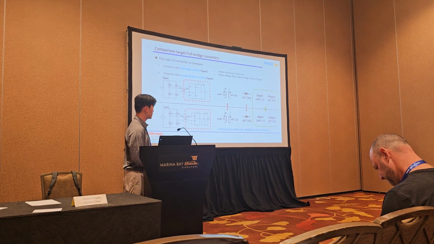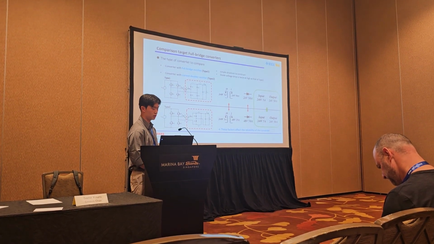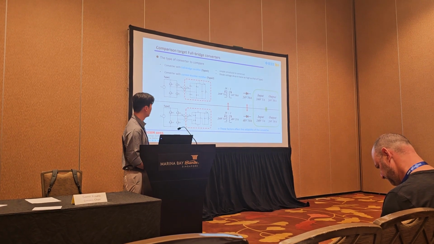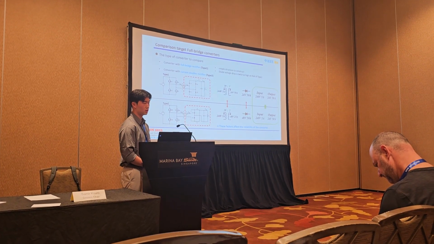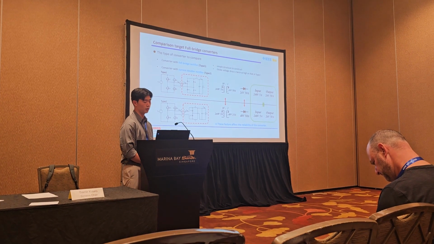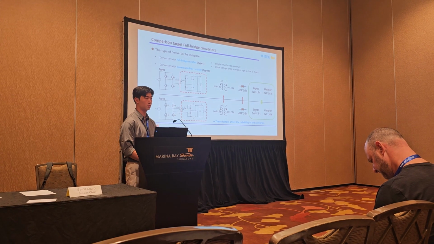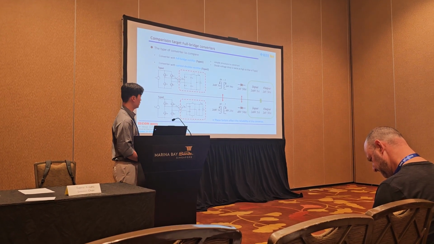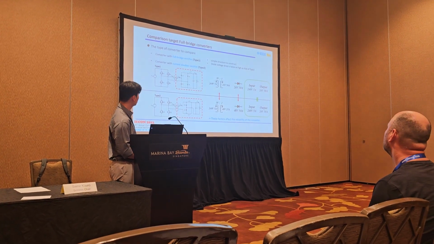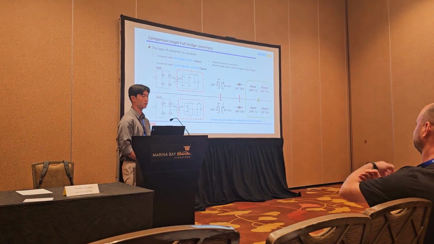First of all, type 1 is a full bridge converter with a full bridge rectifier. It has the advantage of being a simple structure to construct, but the diode voltage drop is twice as high as that of type 2. Next, type 2 is a full bridge converter with a current doubler rectifier.